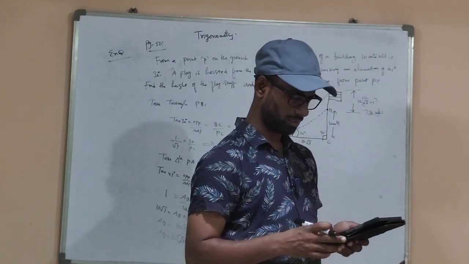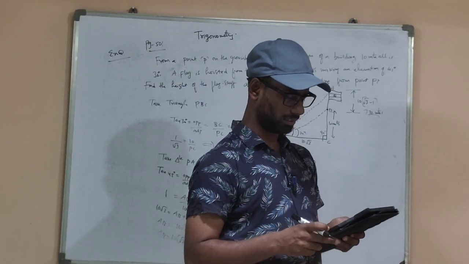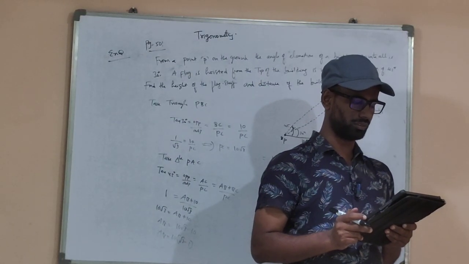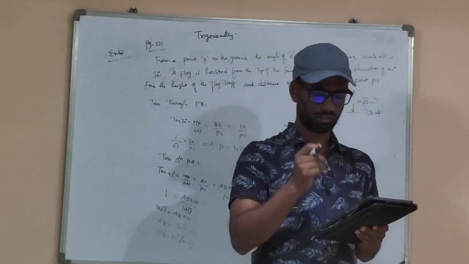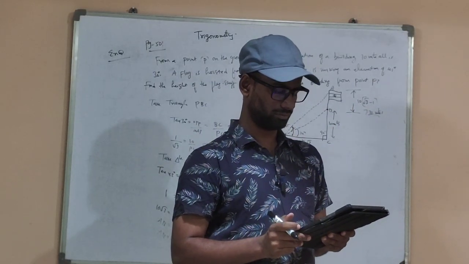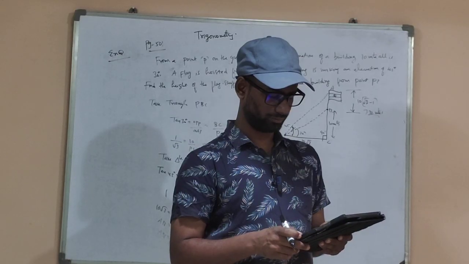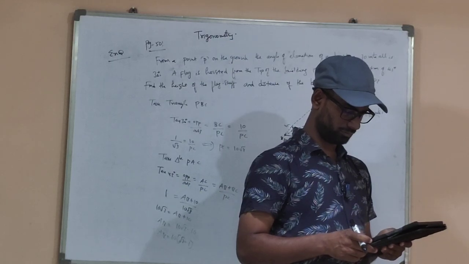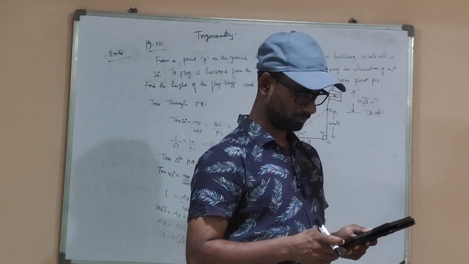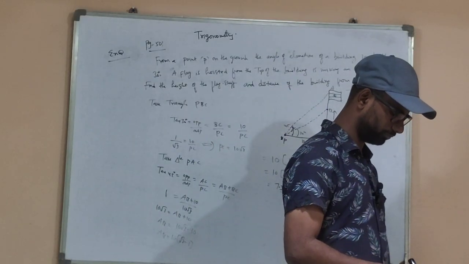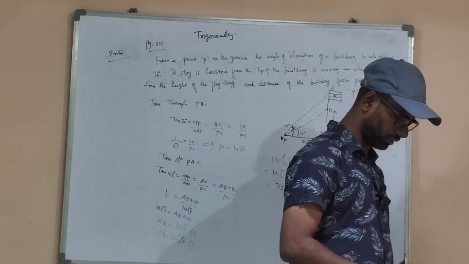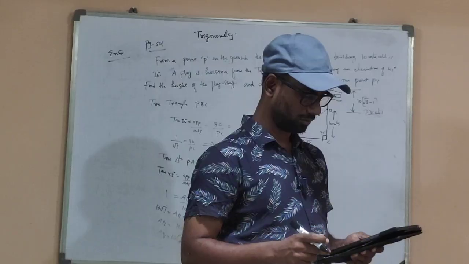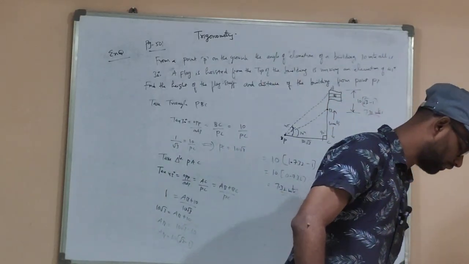Next, example 5. What is example 5? The shadow of a tower standing on a level ground is found to be 40 meters when the sun's altitude is 30 degrees. Then what is it at 60 degrees?